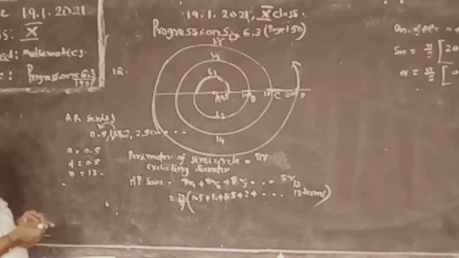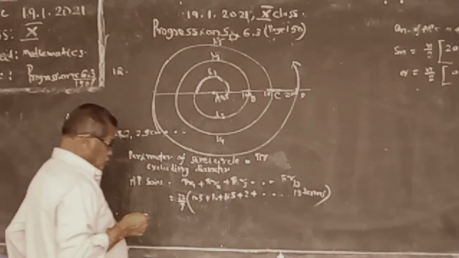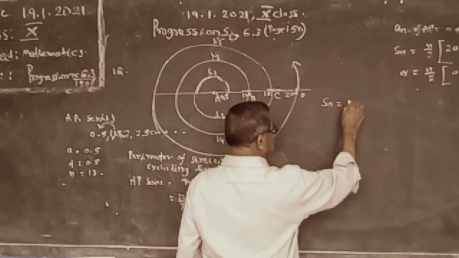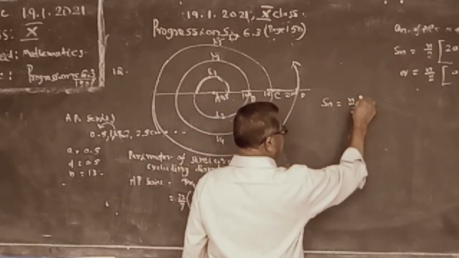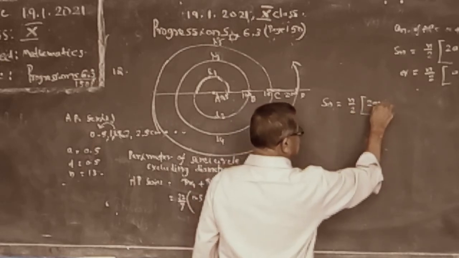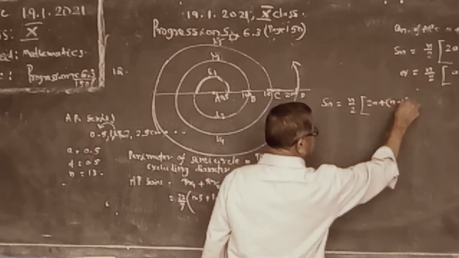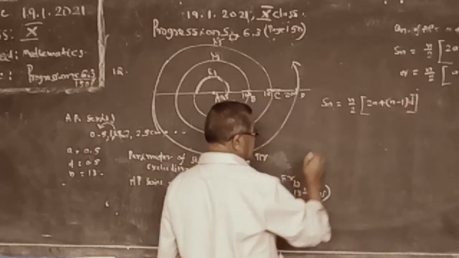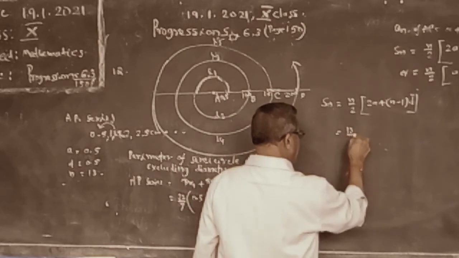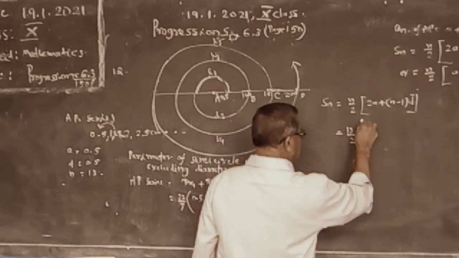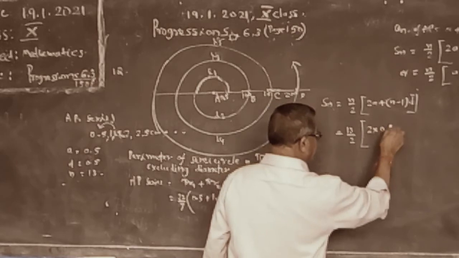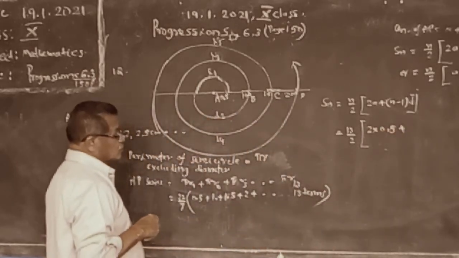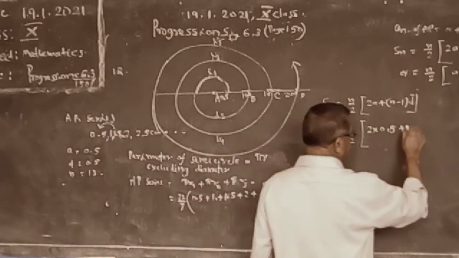Apply the formula. 22 by 7, Sn is equal to n by 2 of 2a plus n minus 1 of d. n is 13 by 2. 2a is 2 into 0.5 plus 13 minus 1, 12, into d, 0.5.